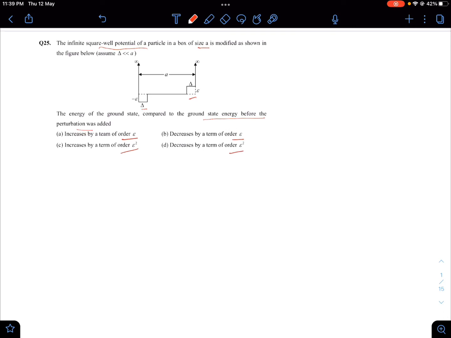In perturbation theory, we first have to find the first order perturbation.